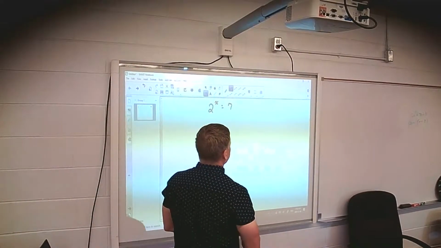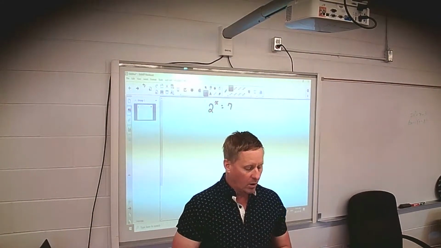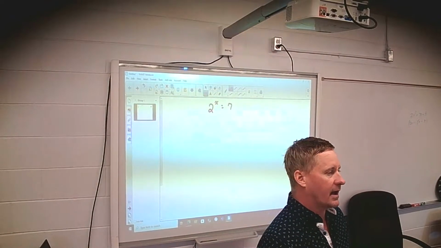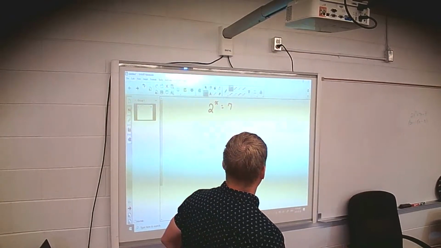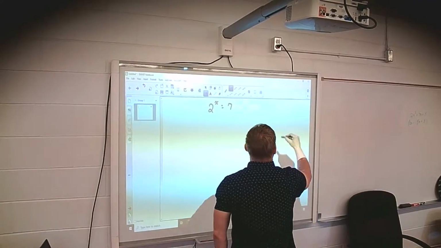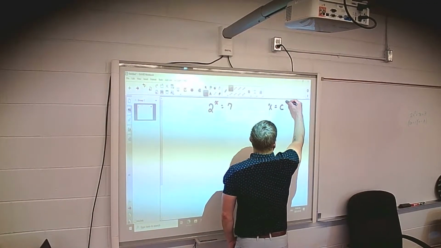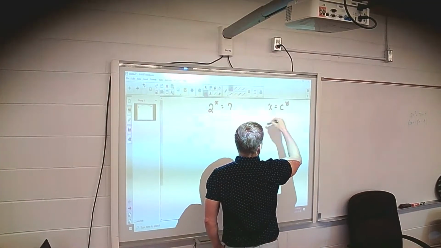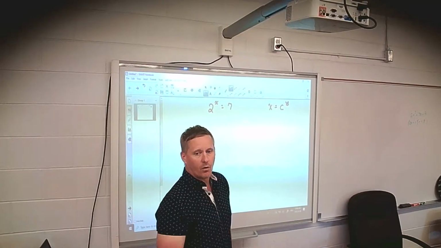So what we are going to do is work it into a logarithm, which is a function on your calculator, so that we can actually solve for this. So I'm going to use what they use here. They have x is equal to c^y. I need to change this to logarithmic form.